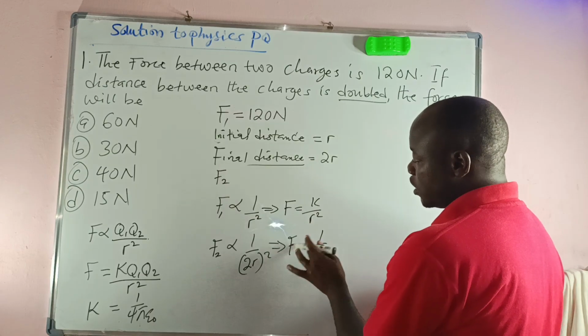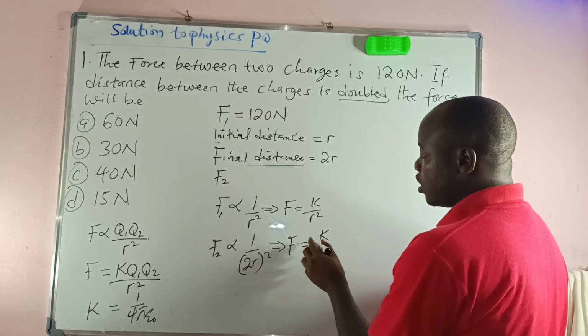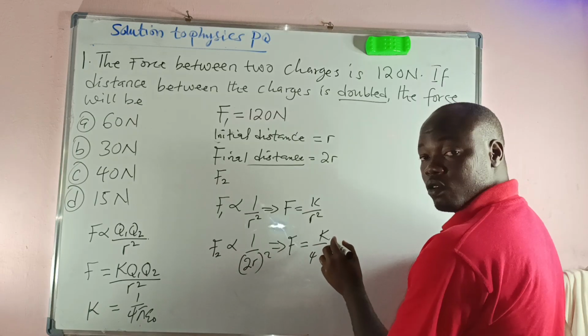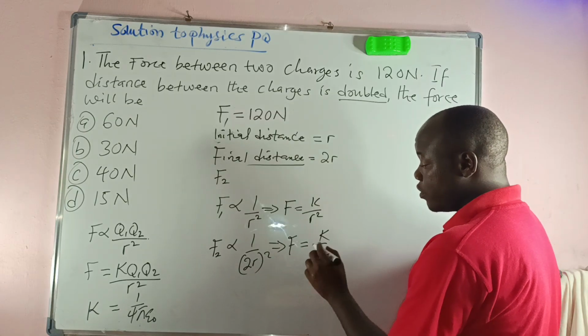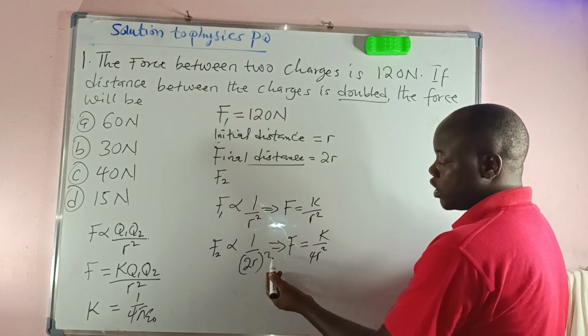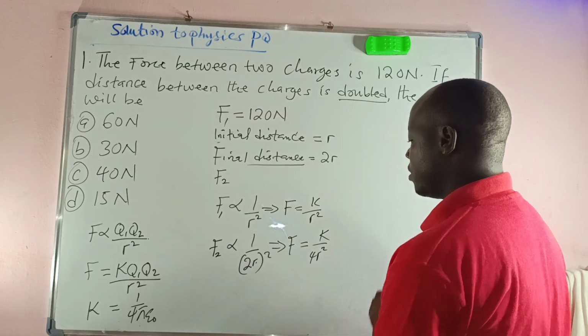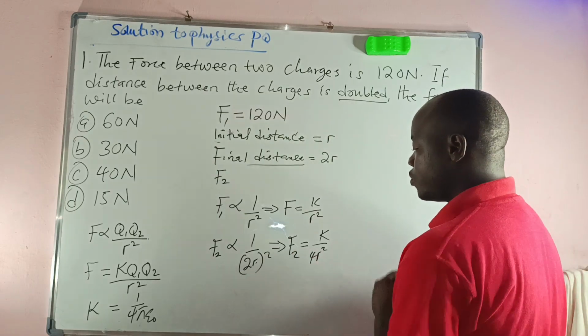Because this is proportionality, we can introduce the constant, so F2 is equal to K all over 4r square, because 2 square is 4, and then the r square will also be here. So this is our F2.